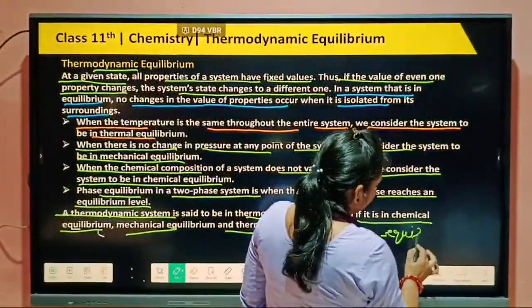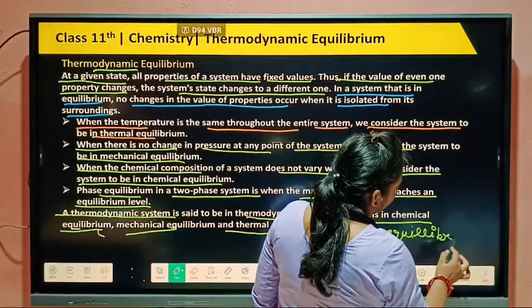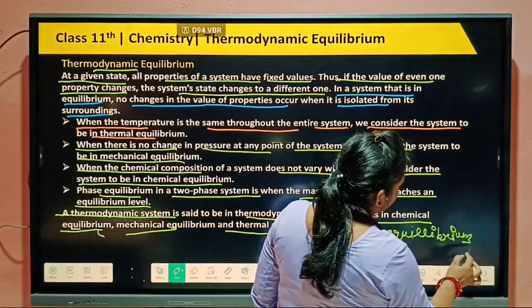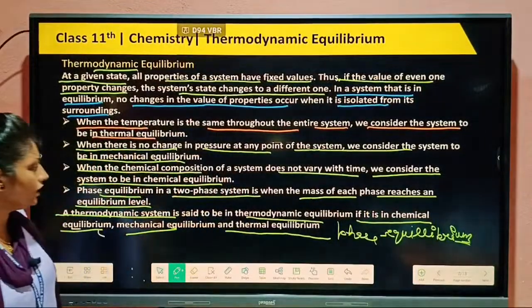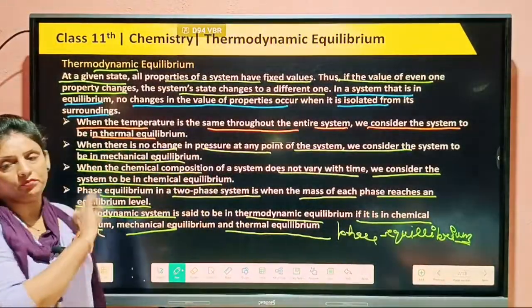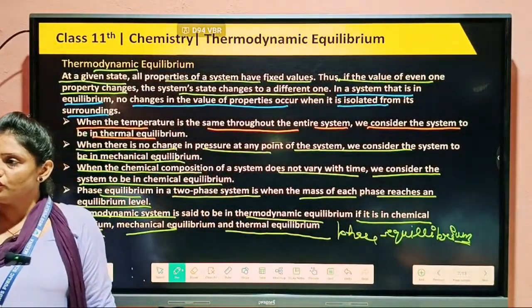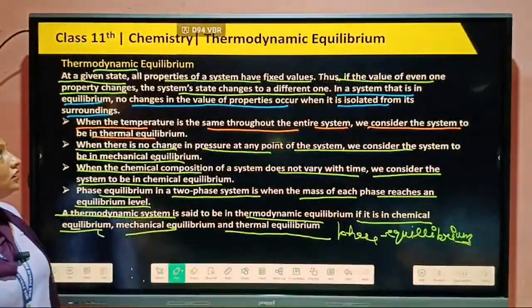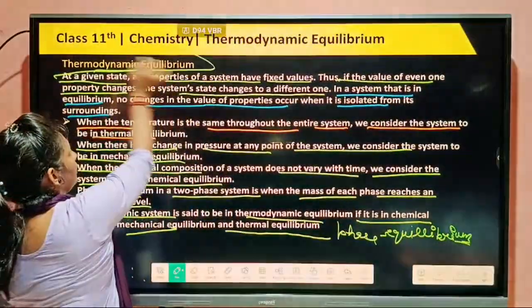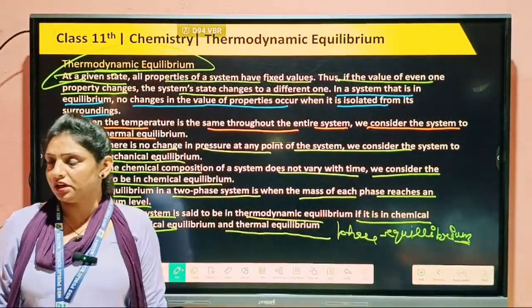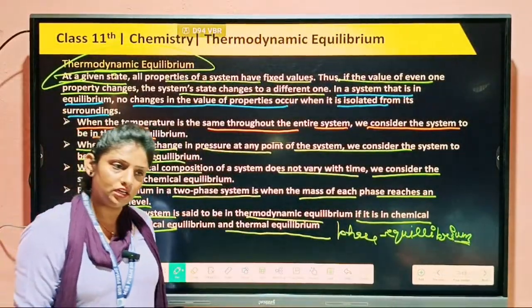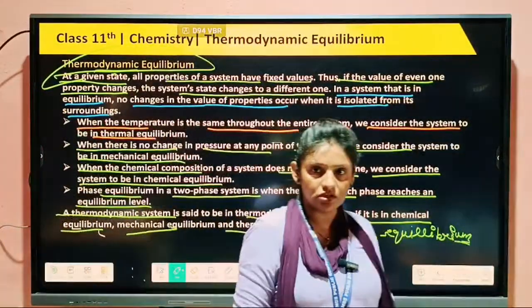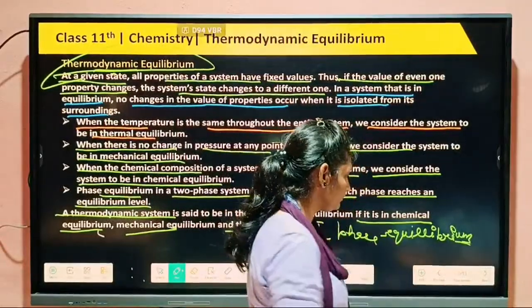If it shows all types of equilibrium, thermal, chemical, mechanical, and phase equilibrium, then we can say that it is in thermodynamic equilibrium. Clear to you or not? Any doubt in this topic? Yes.